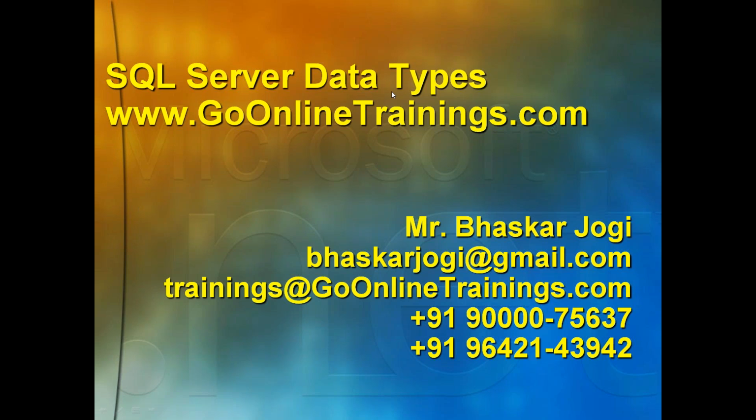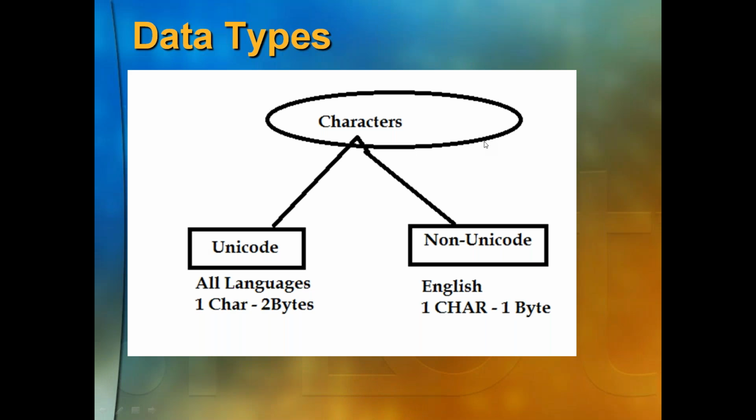What are the data types that we have? When you learn C or C++, Java, .NET, every programming language has this topic, data types. Clear? Not only SQL Server, Oracle, all the programming languages as well, Android, C, C++, Java, Python, .NET, whatever you learn tomorrow, it has data types. Clear? So let us understand this.